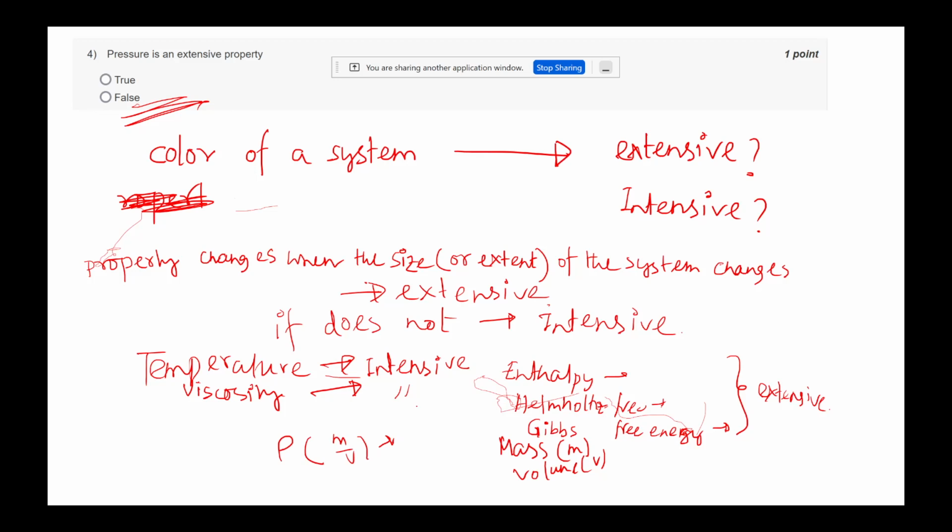Okay, so it's understandable, I guess. I think if you do this, I have given enough examples. You can solve the assignment problems also. There are some problems there, so you can solve them. So refractive index, is this intensive or extensive?